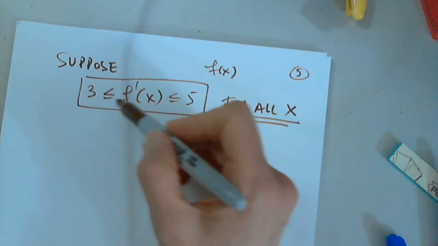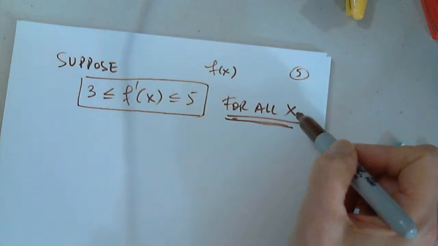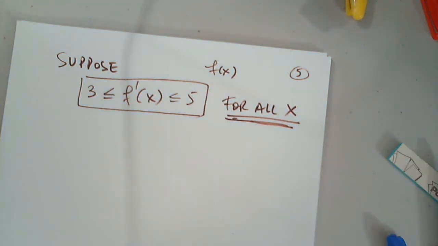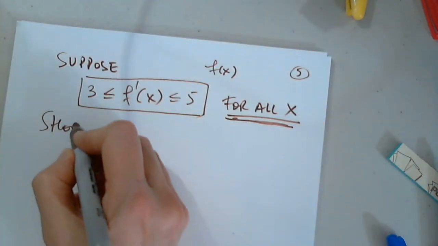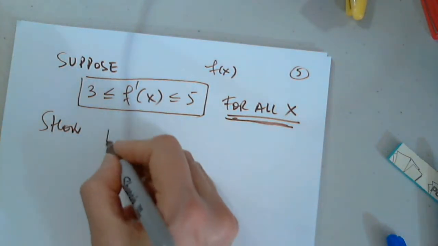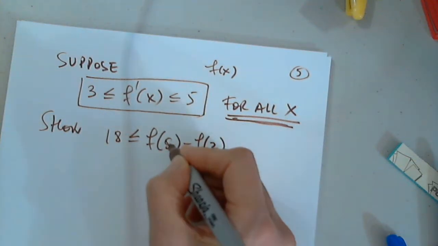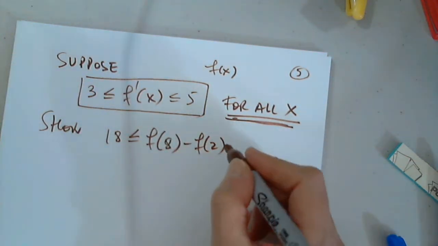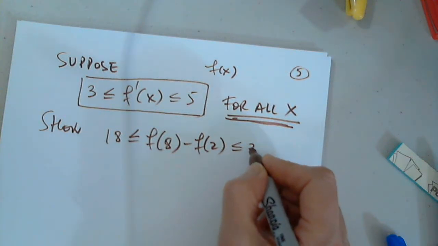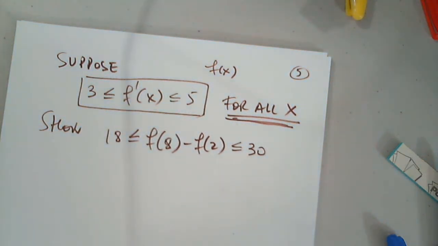Its derivative is somewhere between 3 and 5 for every x value. Fine. It says now, show that 18 is less than or equal to f of 8 minus f of 2, and that is less than or equal to 30. So this is what we are asked to show.